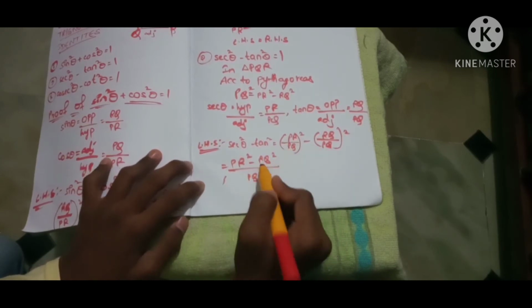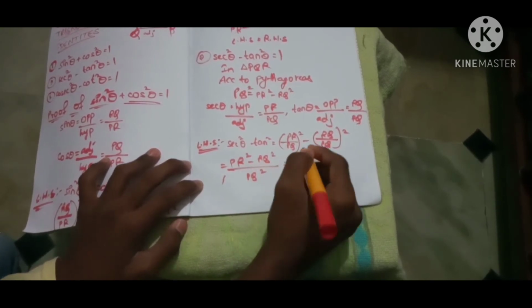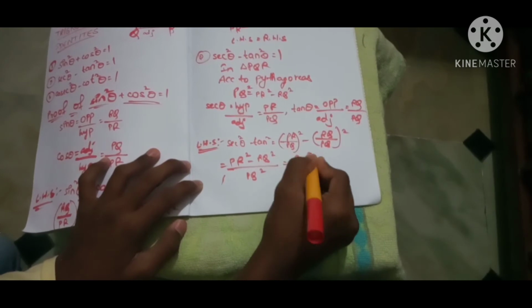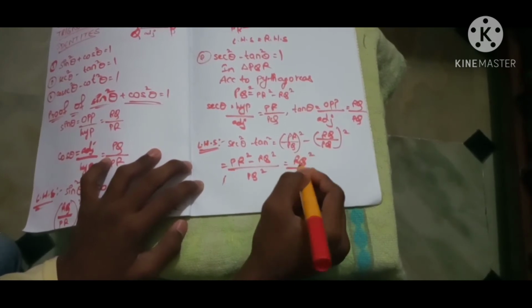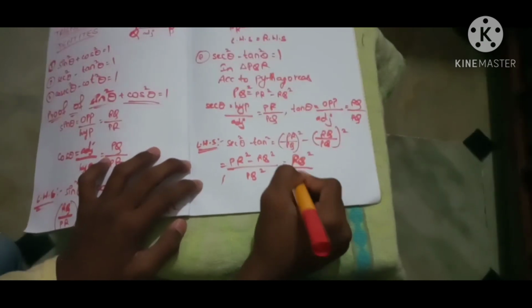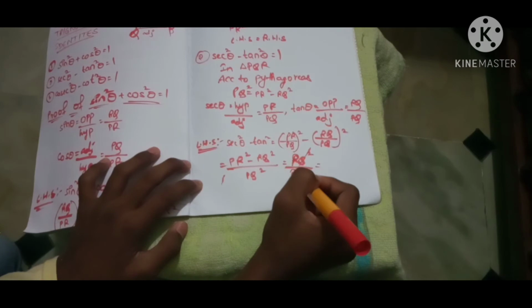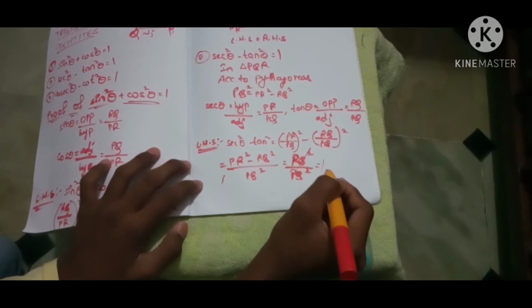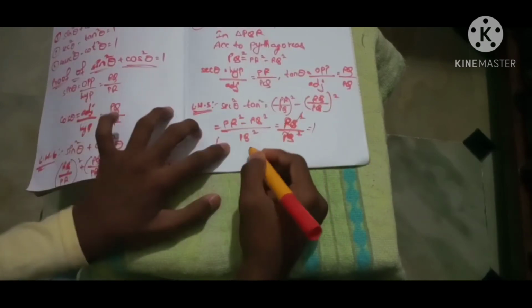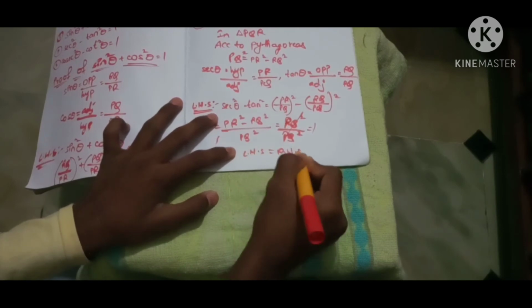I took PQ square common, then we get PQ square by PQ square. Then both will be cancelled and the answer will be 1. And this is also proved, LHS is equal to RHS.